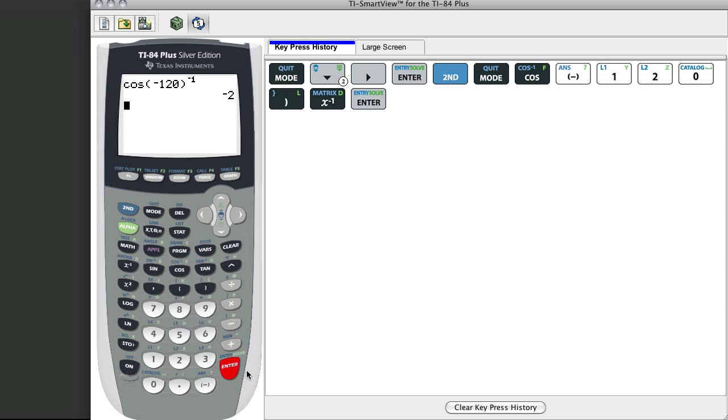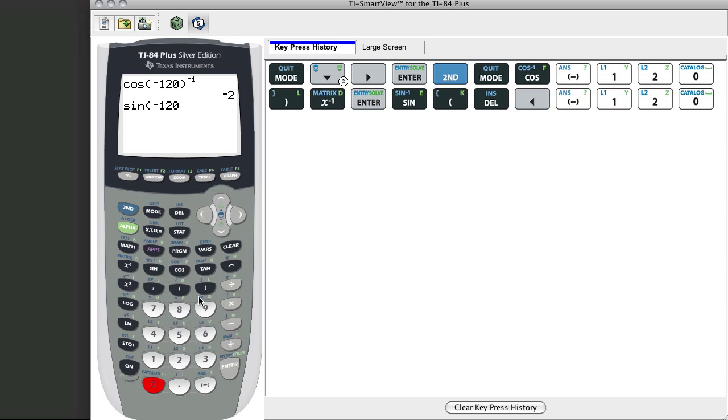The secant of negative 120 degrees is negative 2. Second question was the cosecant, so I need sine negative 120 reciprocal.